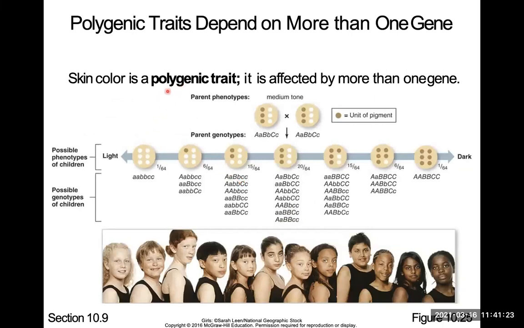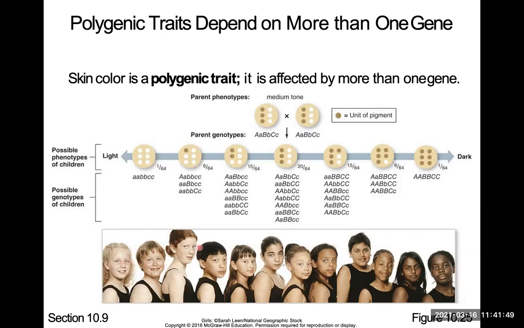So this is the opposite of pleiotropic. Pleiotropic, I said, is one gene having multiple effects. Here, the skin color is polygenic. Poly means multiple, genic means genes. That means there are multiple genes that are responsible for the phenotype. In this case, we're talking about skin color. You have dark skin color, then you have light skin color, and then you have everything in between.